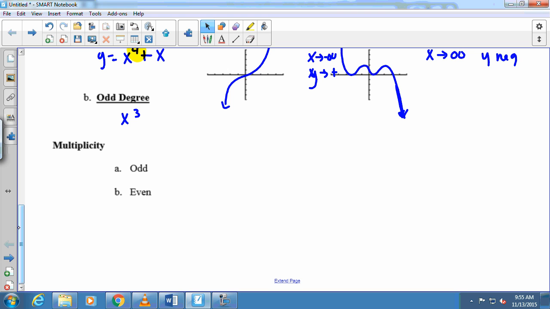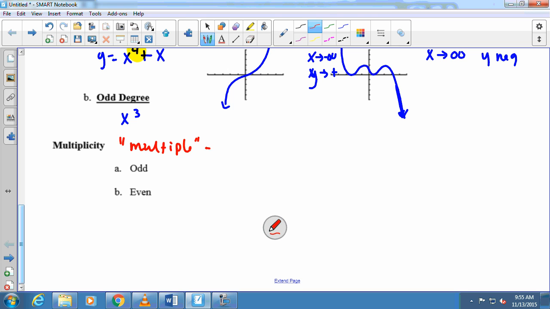And the last thing we need to talk about before we can graph these is a thing called multiplicity. Multiplicity has this word multiple in it, and it's kind of like this idea of a multiple root or solution. It happens multiple times.